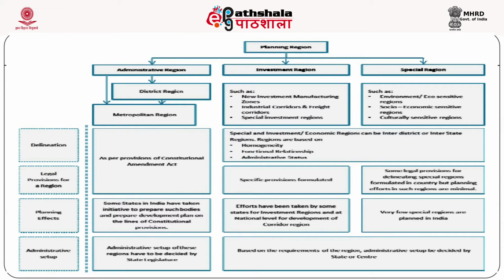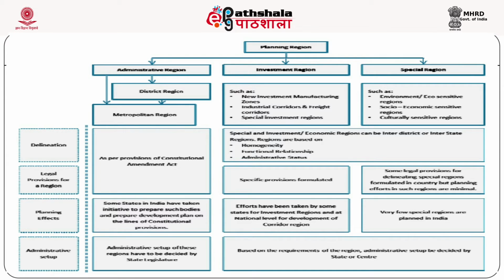Now coming to the process of plan preparation, how do we go about planning for the region? We have three types of planning regions: administrative regions, investment regions and special regions. Now as far as the administrative region or the metropolitan region is concerned, the first thing is to define the metropolitan region as per the legal provision.